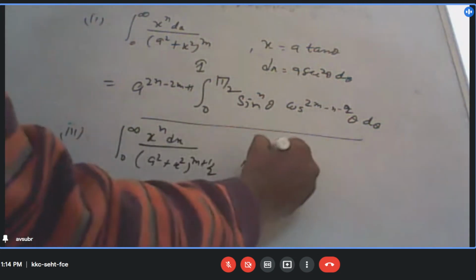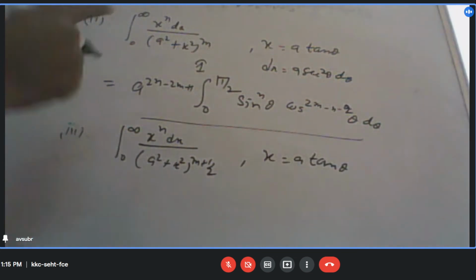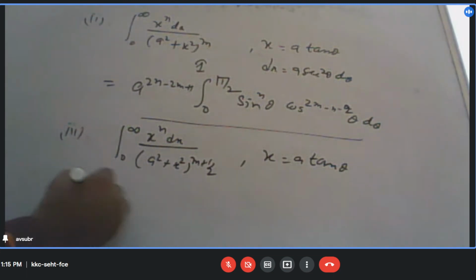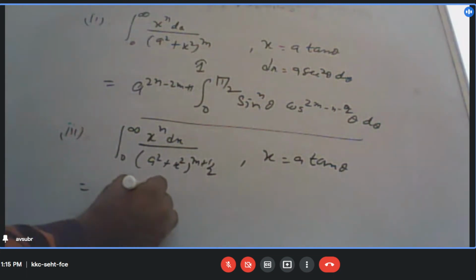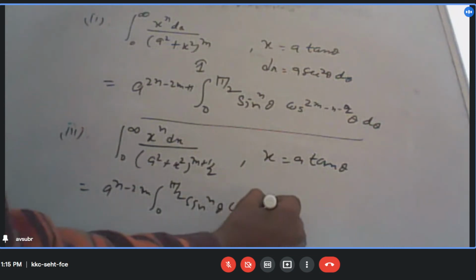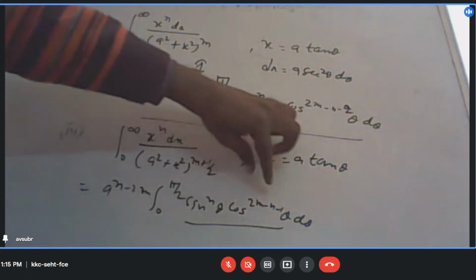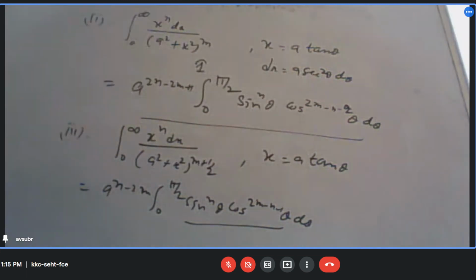So in this case also we put x equal to a tan theta, and when you solve it, then finally you will get a to the power n minus 2m into the limit 0 to pi by 2 sine to the power n theta cos to the power 2m minus n minus 1 theta. So once again we have brought in that form. Now here m is equal to n and n is equal to 2m minus n minus 1. ठीक है? Yes, sir.